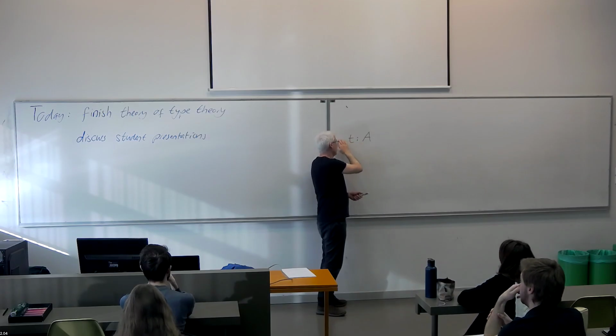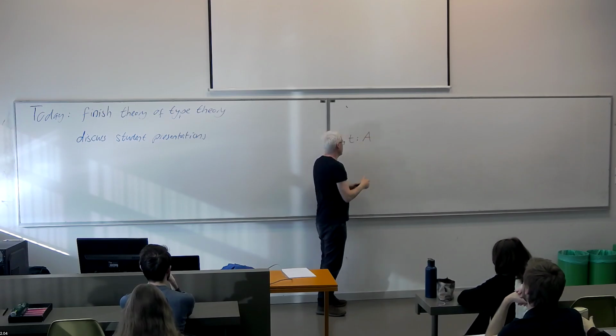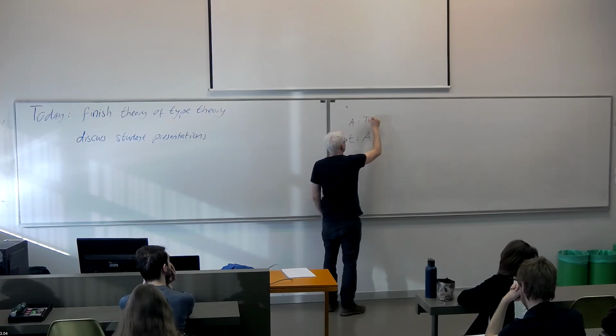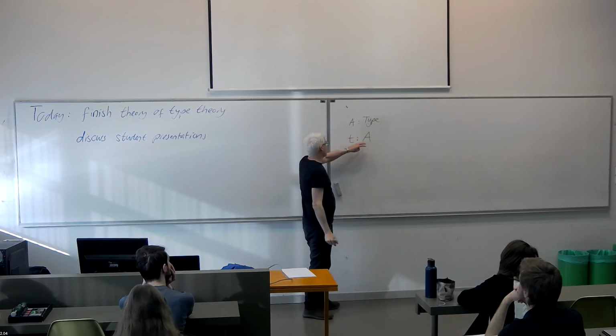So, in order to prove this, we will have needed to, along the way, prove that A is itself a type. So that gives us another judgment form, which we're writing like this. A is a type, which is not quite the same thing because type is not itself a type.